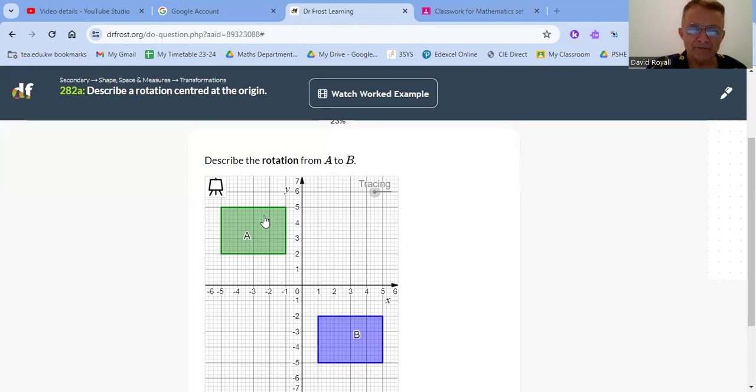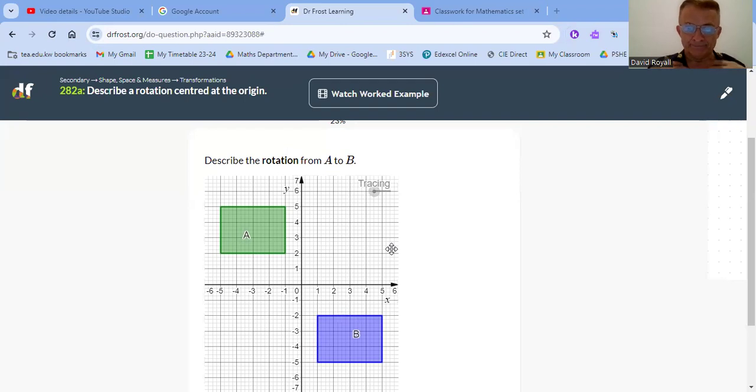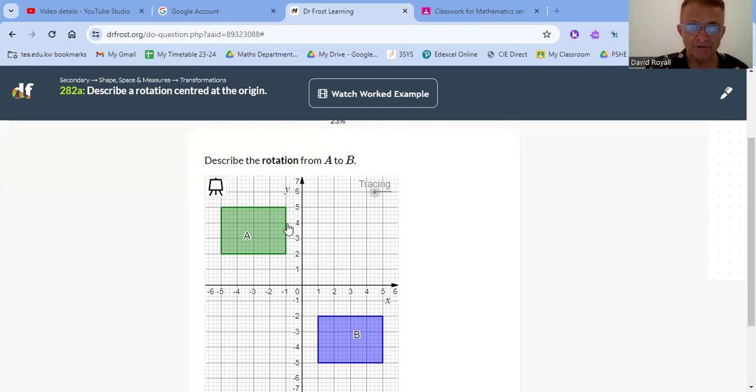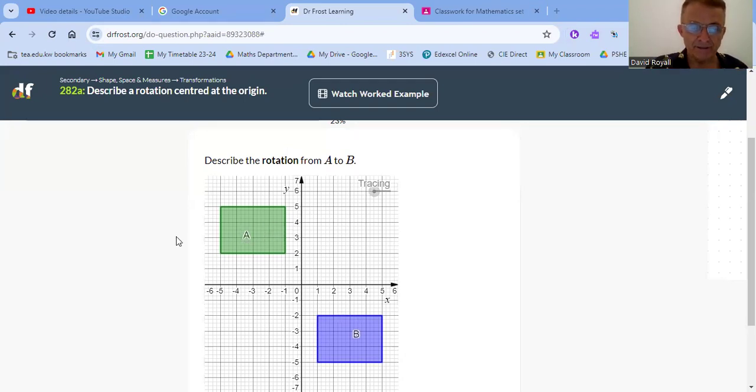Now, if you go clockwise 90 degrees, you go from there to here. If you go 180 degrees, you go across here, over here, and then down here. So there you are. I was up there, I'm now down here, so that's 180.